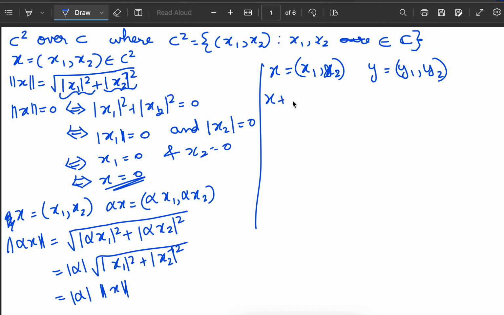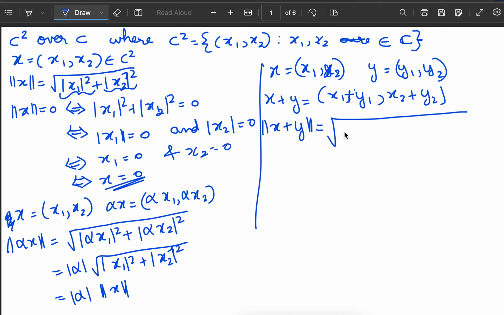Therefore x plus y will be equal to x1 plus y1, x2 plus y2. Okay. So what is norm x plus y? By the definition of norm, it is equal to the square root of mod x1 plus y1 square plus mod x2 plus y2 square.